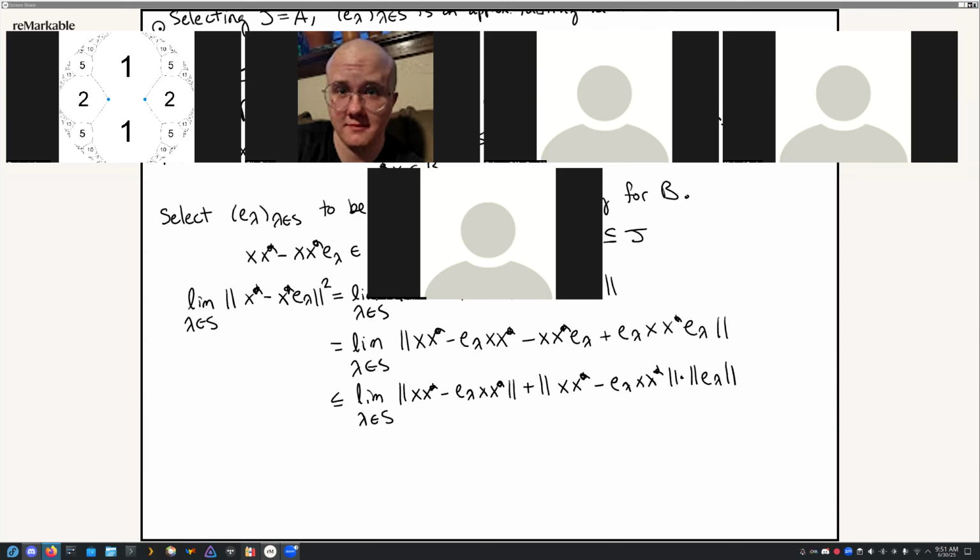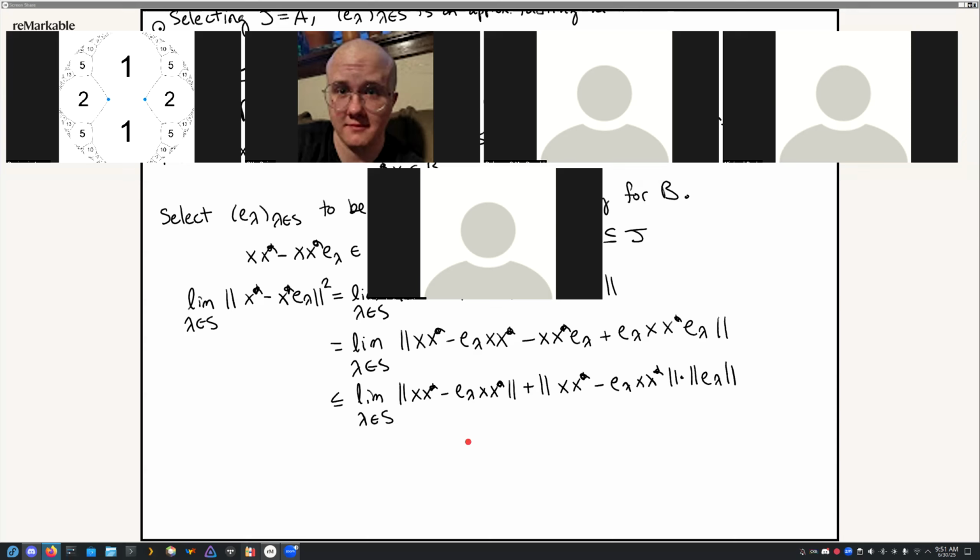Remember that the norms of the e lambda are at most 1, and also e lambda is an approximate identity for B, and that x star belongs to B.